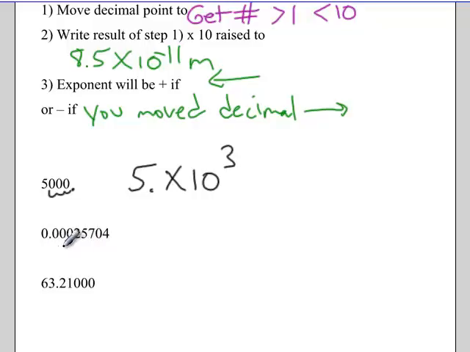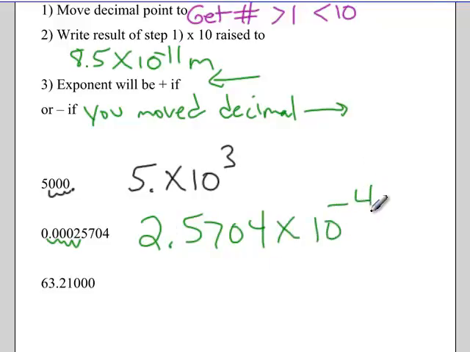The next example, I have to move this decimal to the right, so I'm going to get a negative exponent of 1, 2, 3, 4 times, and I'm left with the first non-zero digit, 2.5704, which is a number between 1 and 10, and then times 10 to the negative fourth. If the exponent is negative, you must put the negative sign. It's unlike the positive sign.